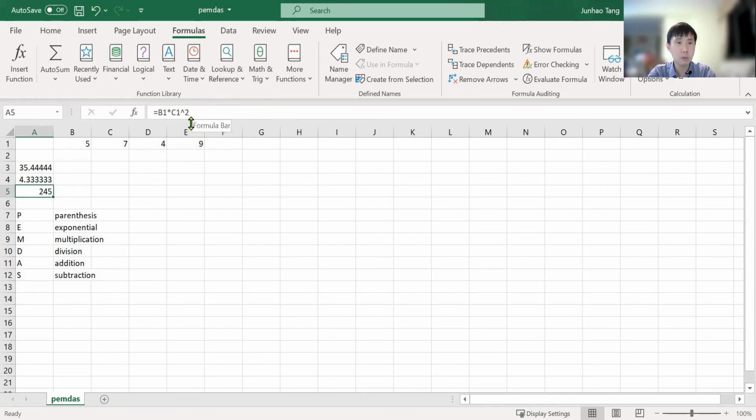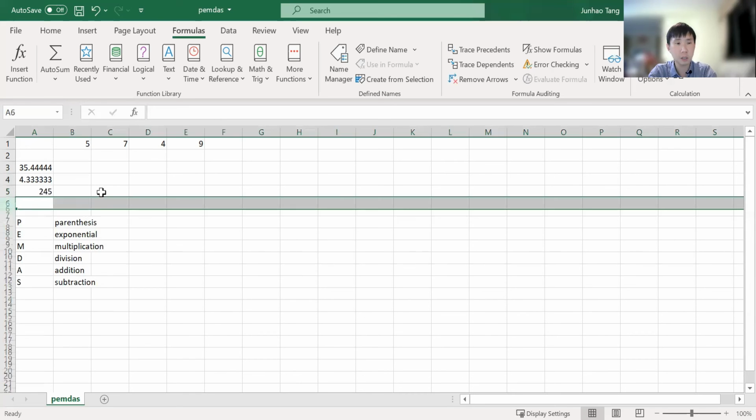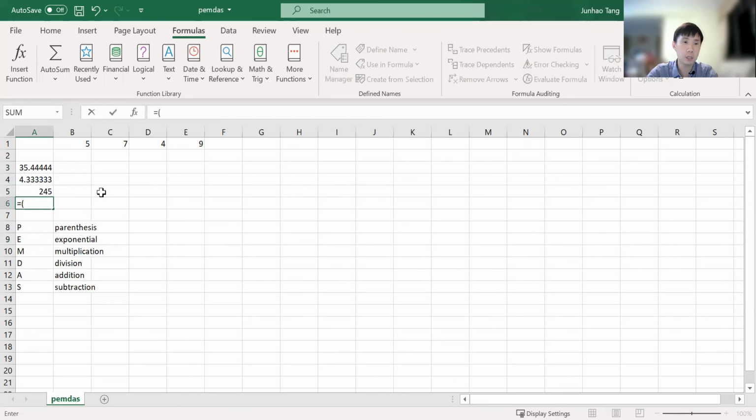What happens over here is the power of 2 will be applied to C1, which is 7 to the power of 2 equals 49. 49 multiplied by 5, you get 245. But if your intention is 5 times 7, to the power of 2, you must put a parenthesis, and this will be the correct result. If this is your intention, you have to put a parenthesis before applying the power.